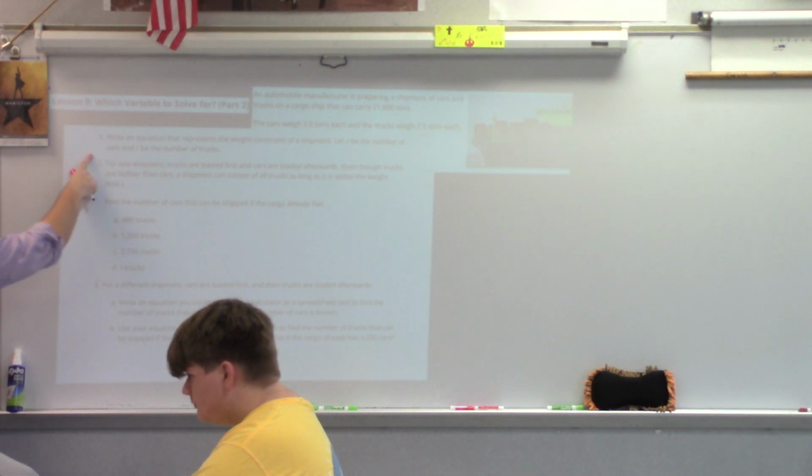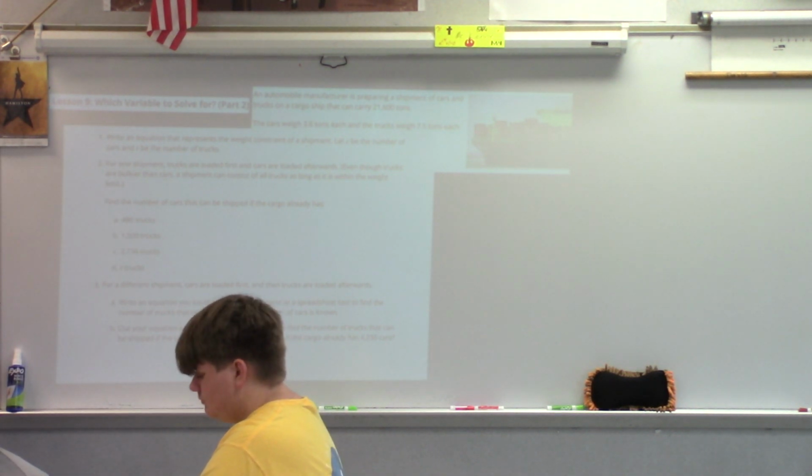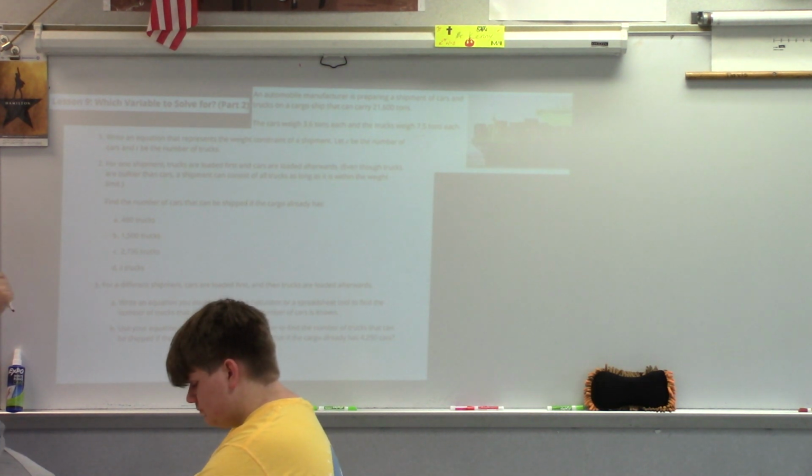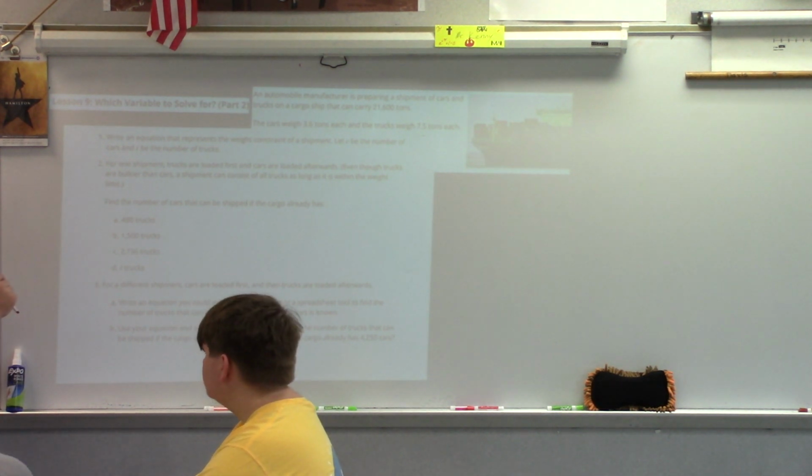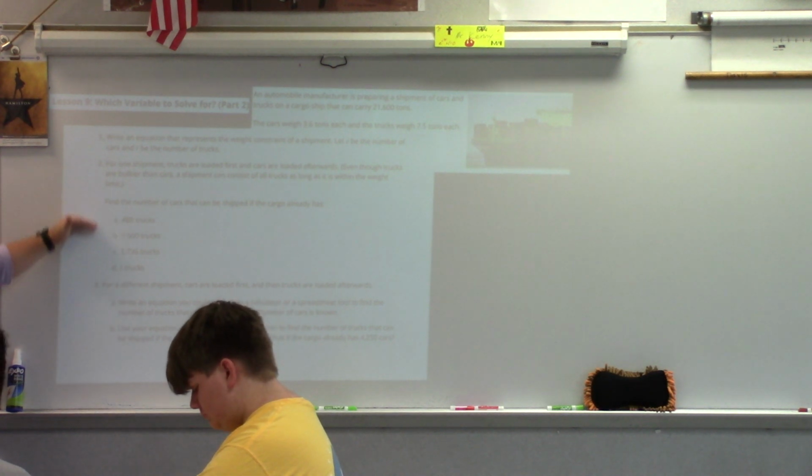Let's make sure we all have the same correct answer for number 1, writing an equation that represents the weight constraint of a shipment. I think we already have this. And then I'll let you get back to working on number 2, and then number 3 if you're already wrapping up number 2.